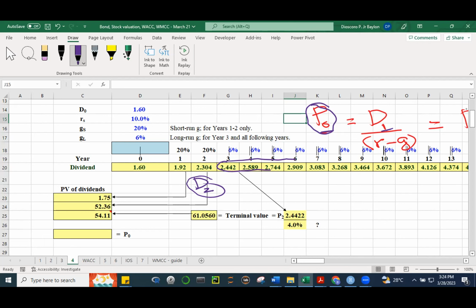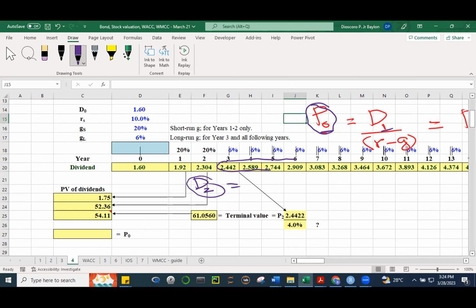So in this case, the constant dividend will start in D3, so D3 up to infinity. We can replace the dividends from year 3 up to infinity with just one, and that's a value at period 2.